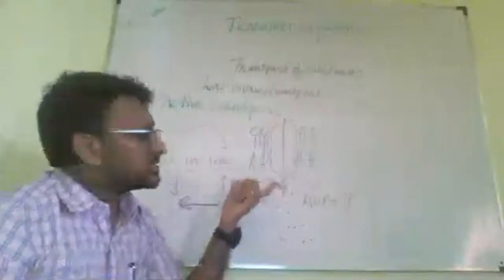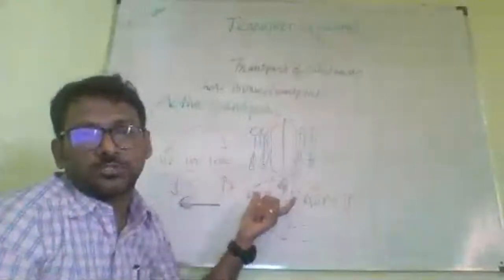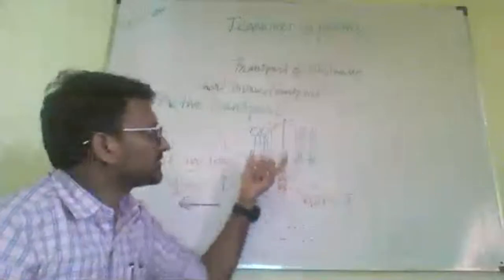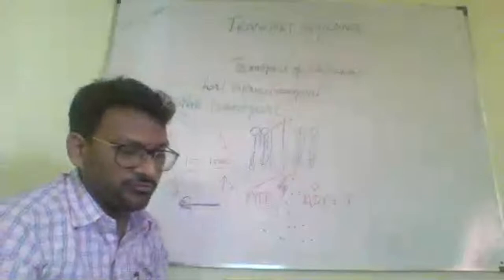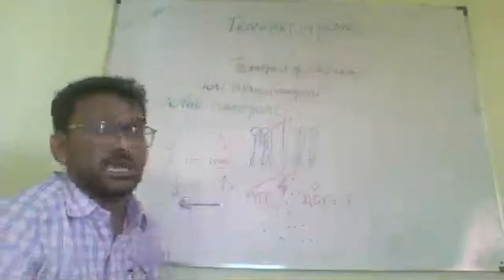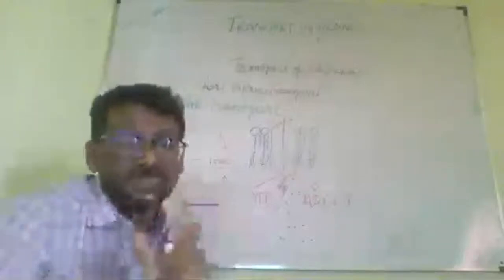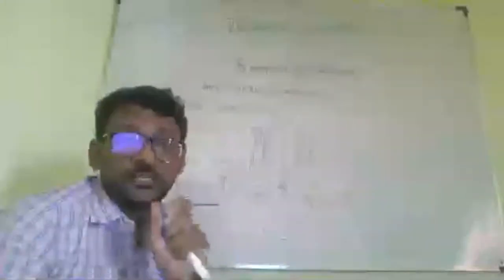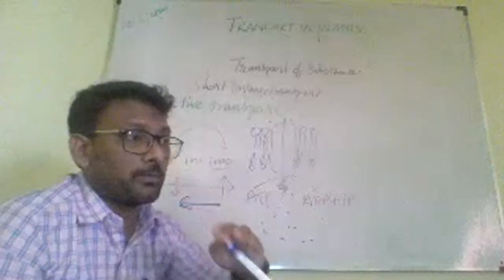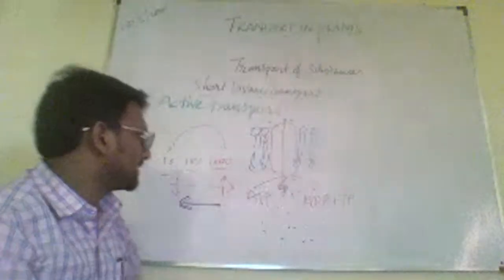These pumps can even transport substances from lower concentration to higher concentration. This type of movement we call uphill. So uphill transport you will find in active transport, where energy is required. So you can imagine.